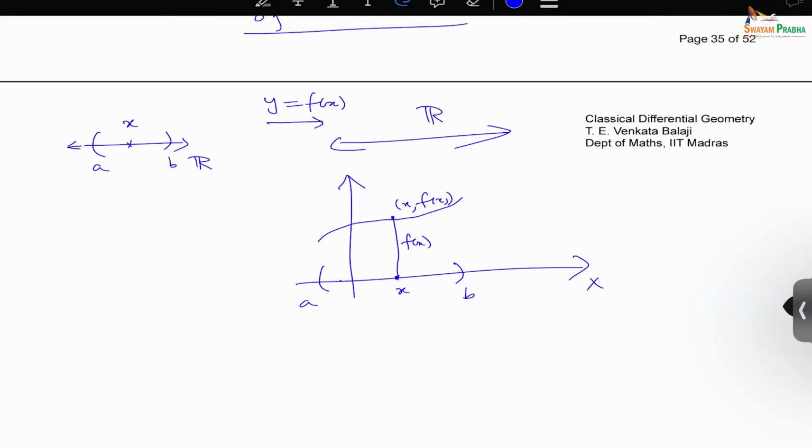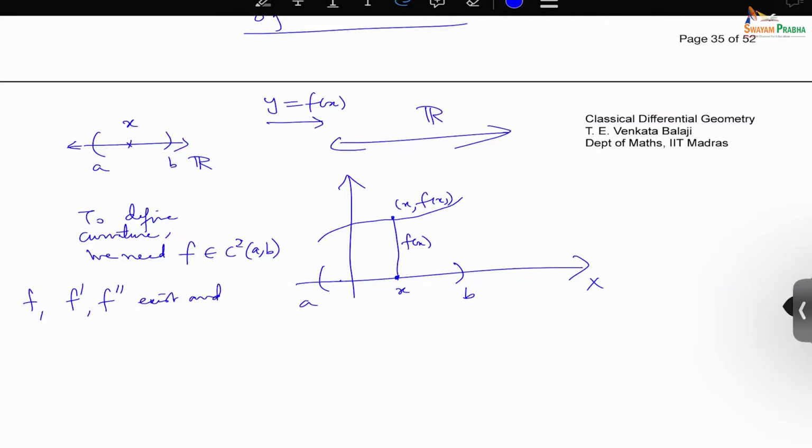So if you look at this, we need to define curvature. We need f to be C2 on (a, b). What does this mean? It means f dash and f double dash exist and are continuous on the open interval (a, b).